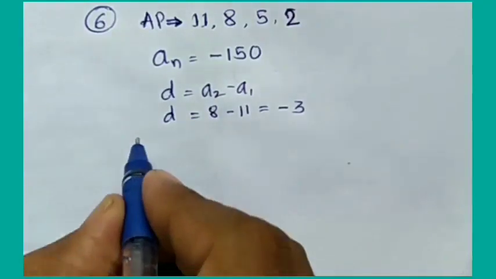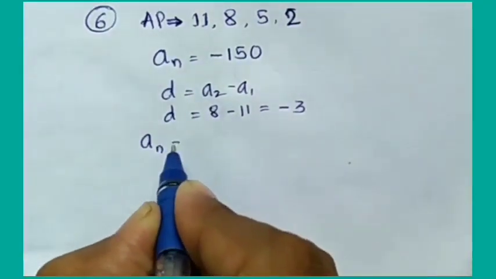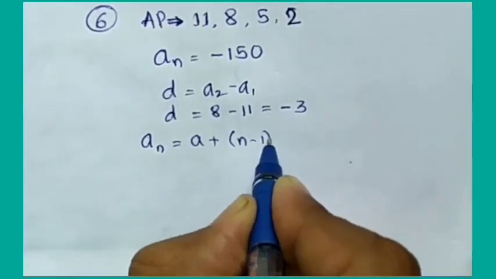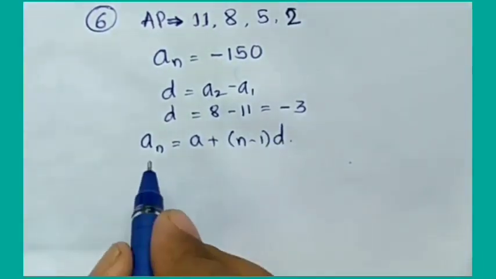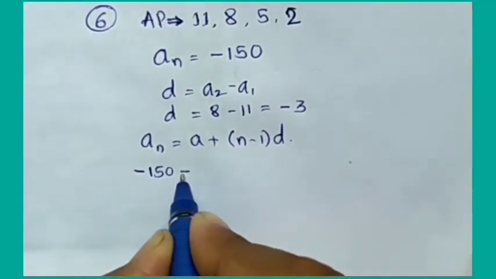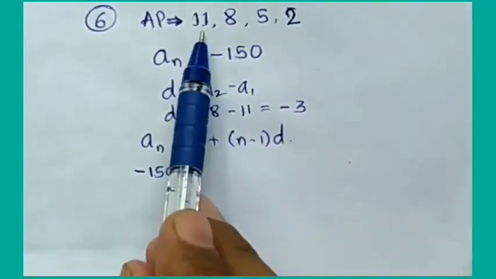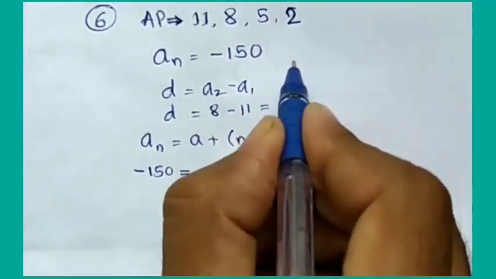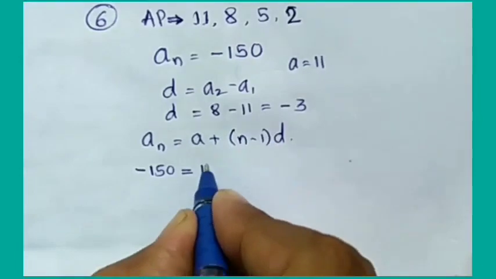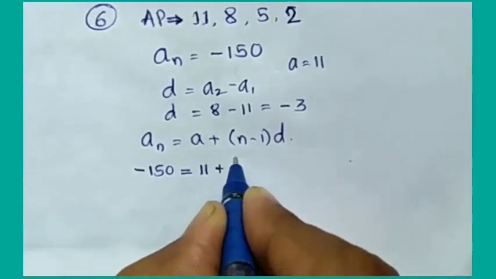Now put it in the formula. AN equal to A plus n minus 1 into D. AN is minus 150, equal to A. A is 11 here, so you can write A equal to 11. 11 plus n minus 1, n we don't know, keep it like that.